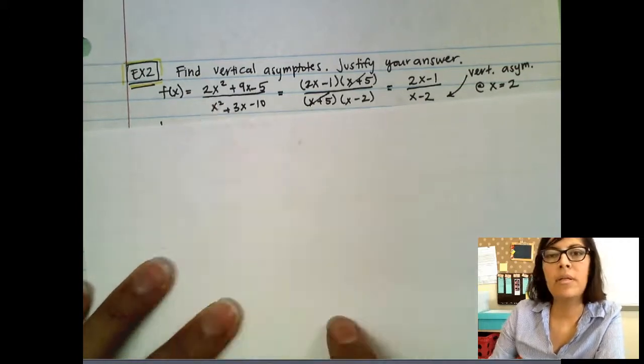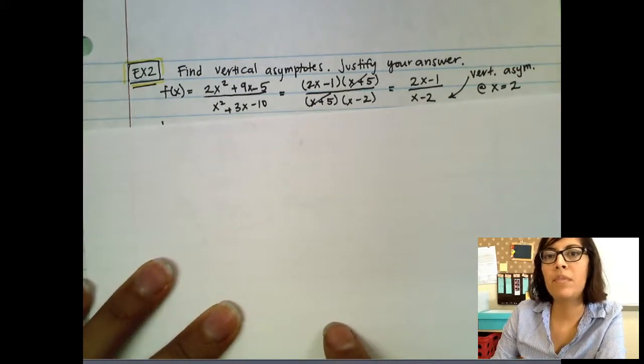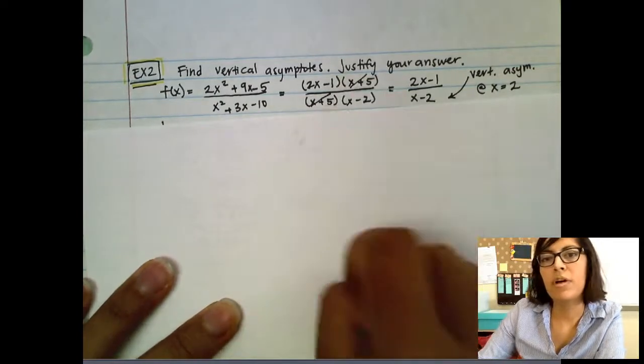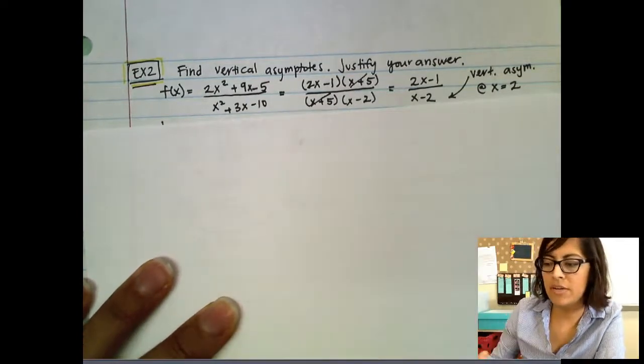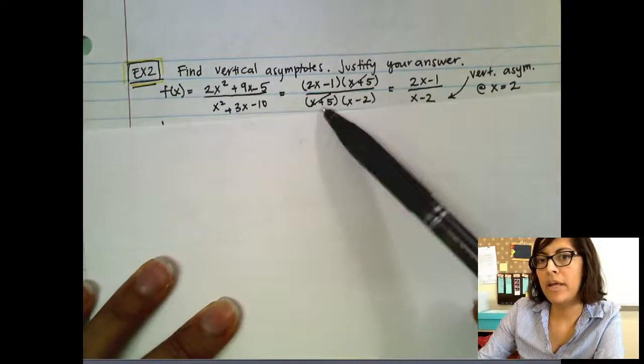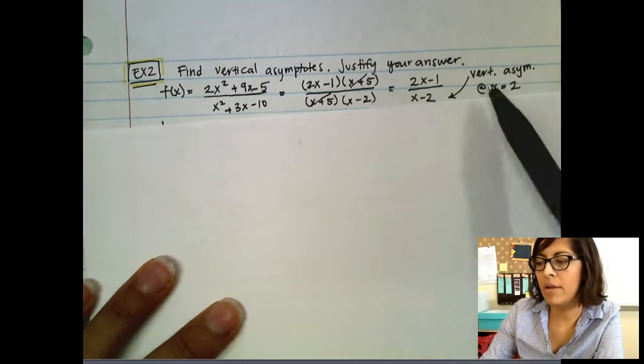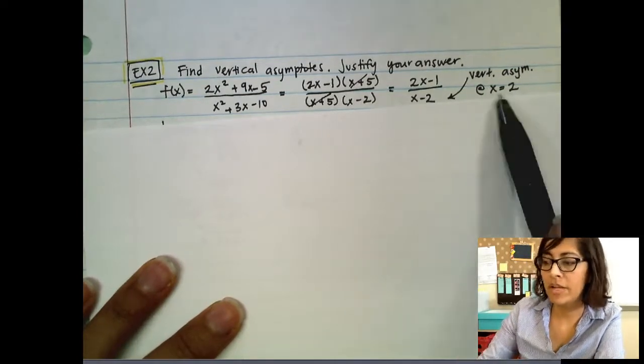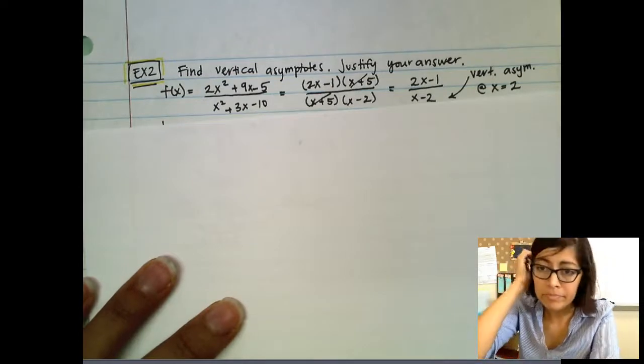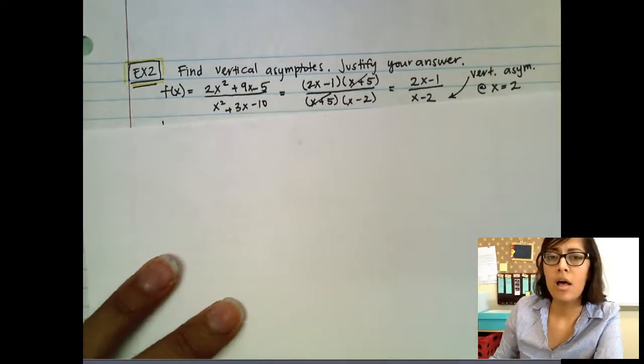So here's our problem. We're going to factor out and cross out our common factors. These factors right here give a hole, and there's going to be a vertical asymptote right here. The leftover ones, the ones that remain, are going to be our vertical asymptote. So we have a vertical asymptote at x equals 2 when this is equal to 0.